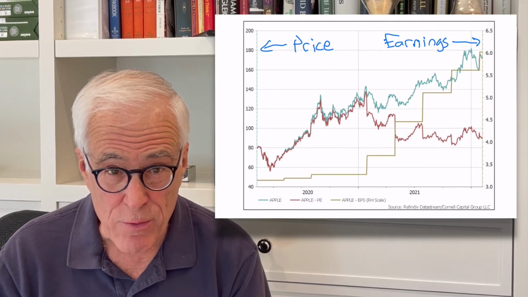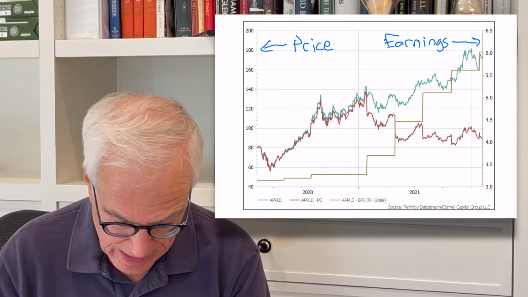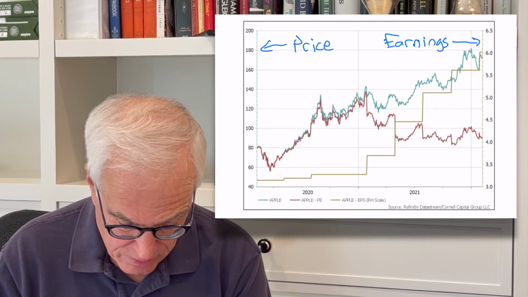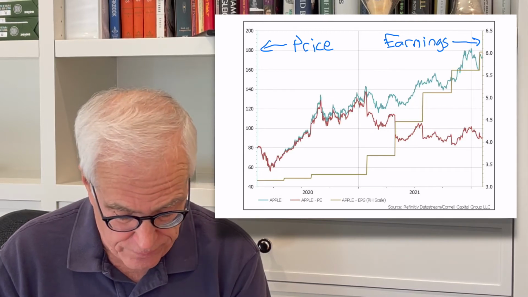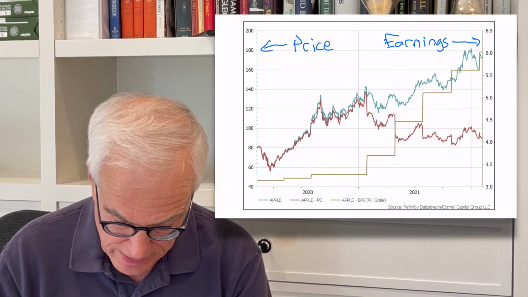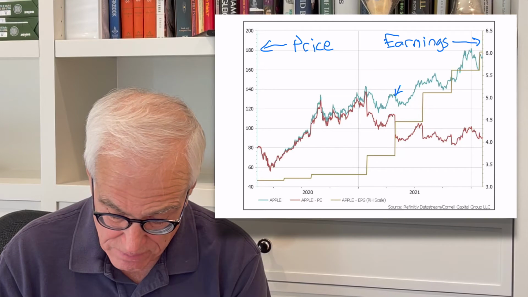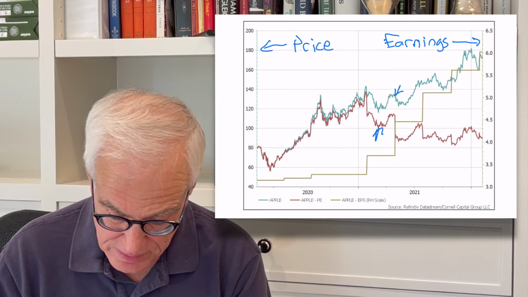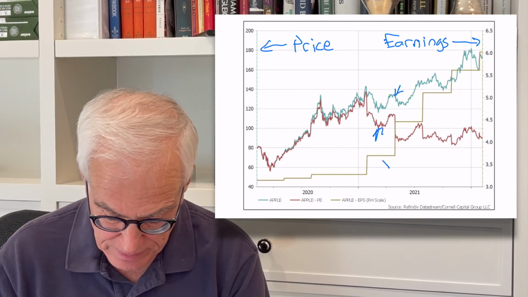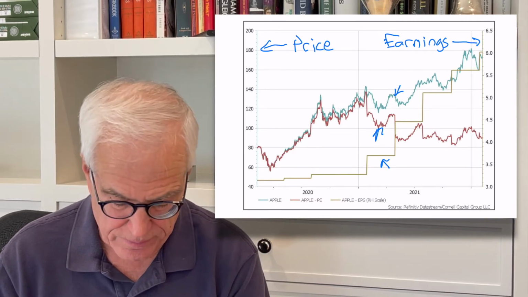So you cannot read the price-earnings ratio off the graph. But here's Apple beginning in January of 2020, just before COVID. The blue line is Apple's stock price, the red line is the price earnings ratio, and this gold line that stair steps up are the earnings.